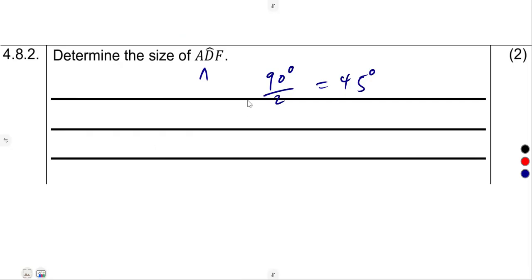As we do understand that diagonals bisect the vertex angles. So if you understand that, you're done. If it is 90 degrees, to be bisected into two equal parts, just like the properties of a rhombus.